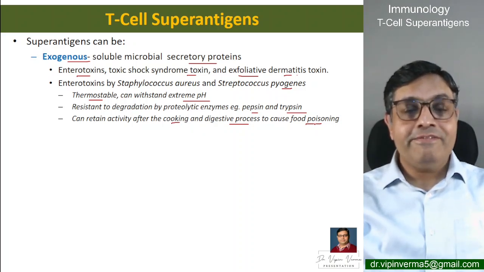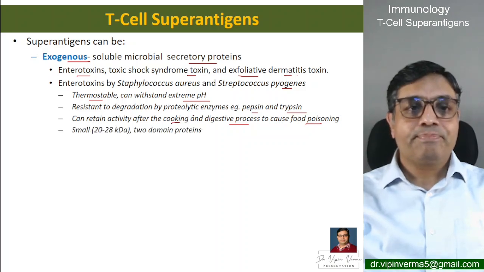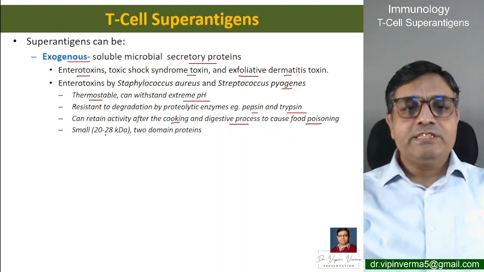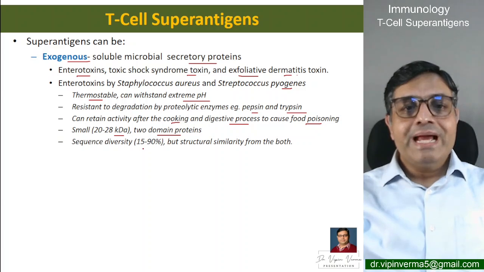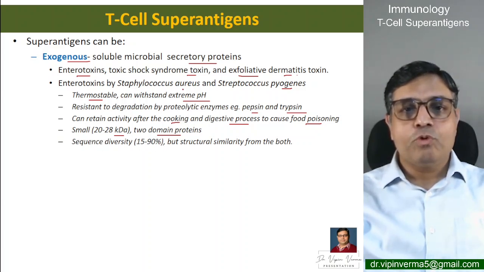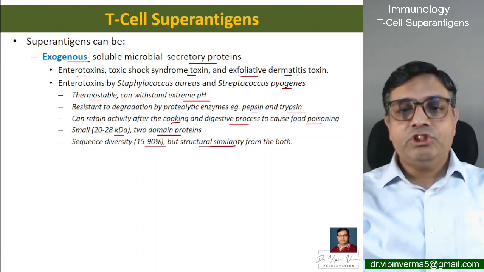When we say survive, that means they can maintain their nature, their fold structure, all right? They are usually very small, 20 to 28 kilodaltons, and they are two-domain proteins, right? And there is sequence diversity if we compare Staphylococcus aureus and Streptococcus pyogenes, 15 to 90%, but they are structurally similar from both sources.